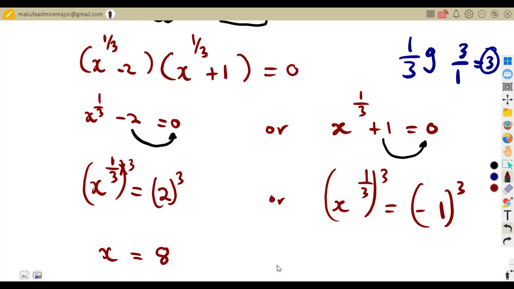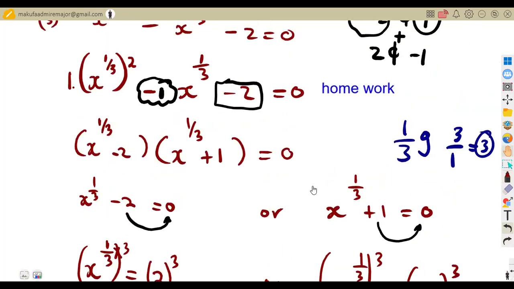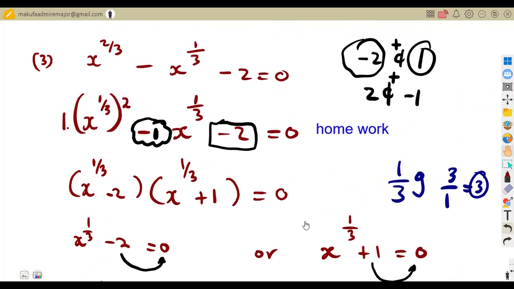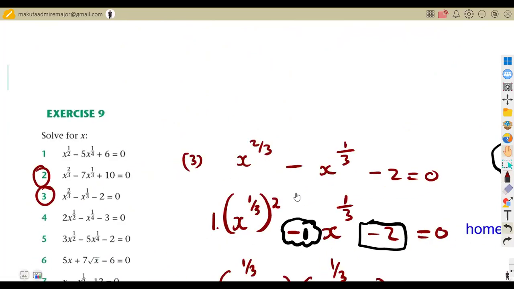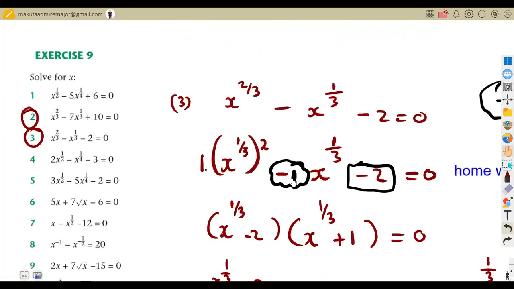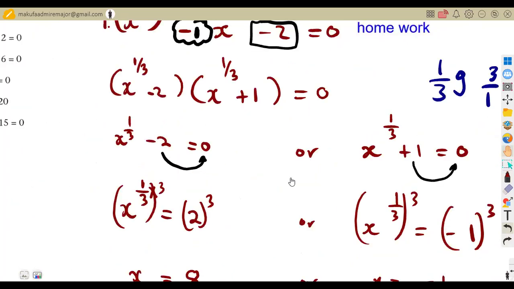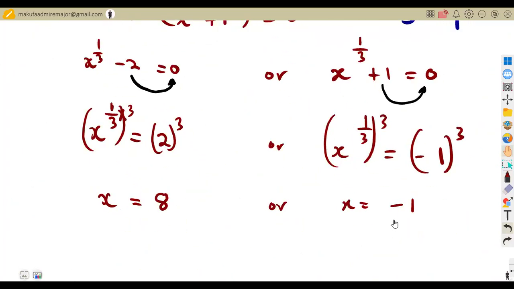Then on the other side, x is going to be -1 to the exponent of what? To the exponent of 3. So these are the solutions that we were supposed to obtain. Is this a -2? All right. So meaning to say we're going to get 8 and what? 8 and -1. So these are the solutions that we're going to get from there.